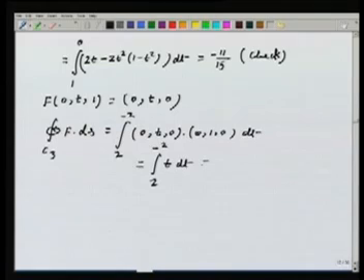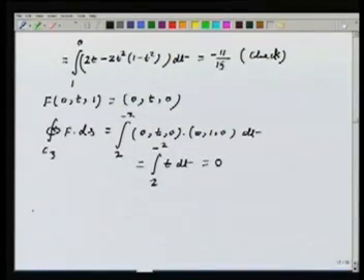This is an odd function whose integral I am doing from 2 to minus 2, so this integral certainly is 0. You can also calculate it, it is t square by 2. So half comes out, and from 2 to minus 2 t square gives 4 minus 4, that is 0. So C1 does not contribute anything, I got 0. C3 does not contribute anything, I got 0. Only the integral over C2 came out to be minus 11 by 15. Now I have to calculate what is f of C4.